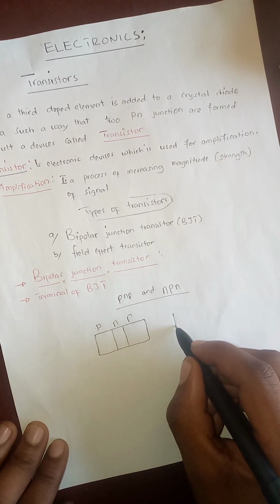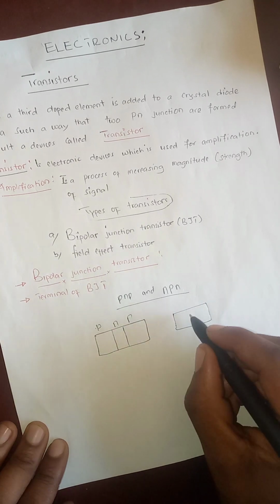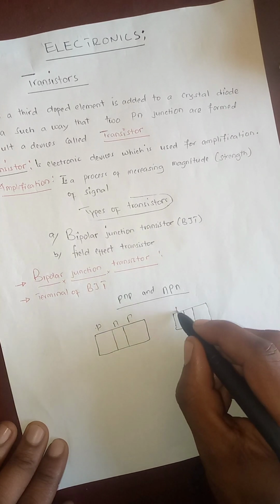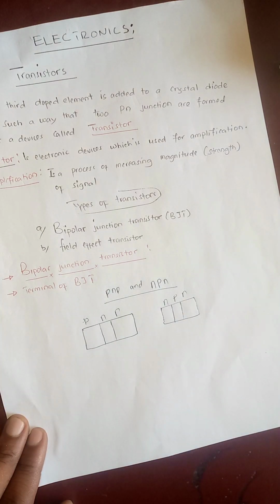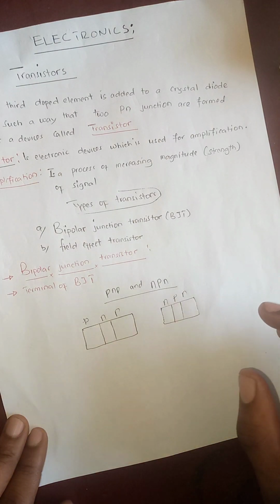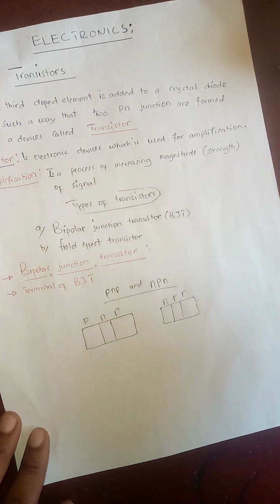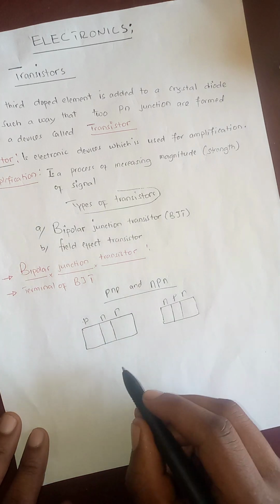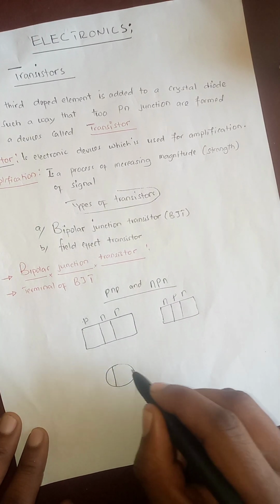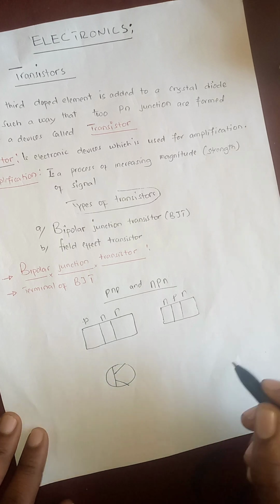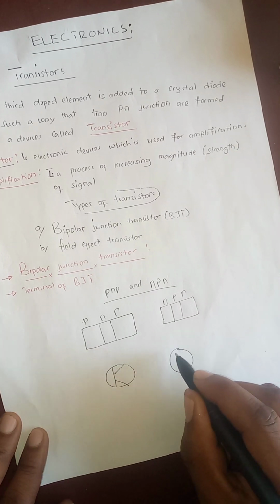Also, we can draw NPN. These are the two bipolar transistors. In these two bipolar transistors, we can also draw them in simpler terms like this.